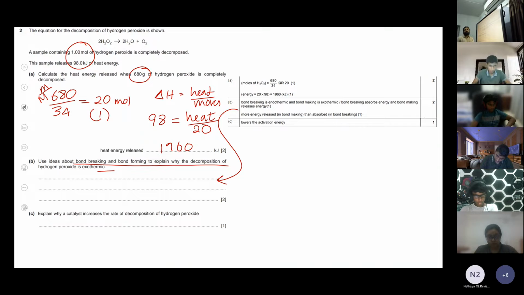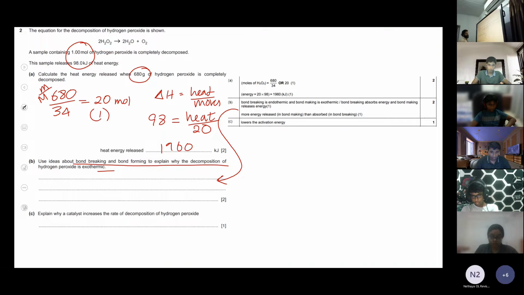Look at how the marks are allocated. You have to refer to the fact that bonds broken is endothermic, bonds formed is exothermic. Overall exothermic means more energy is released in bond forming. Right? Greater energy release. Okay.